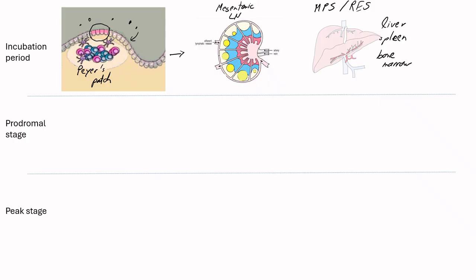What do these organs have in common? They have in common that they have a vasculature which is rather irregular and rather fenestrated, which is often referred to as sinusoids.